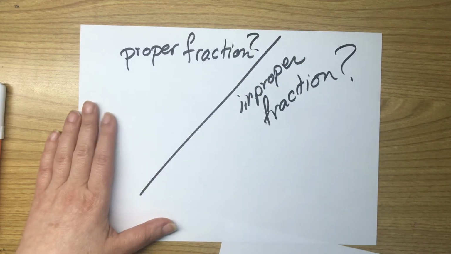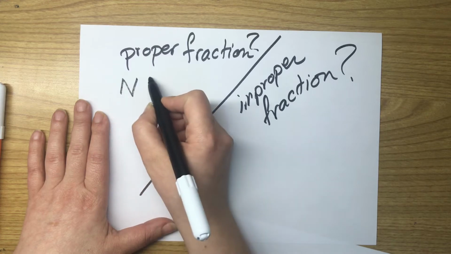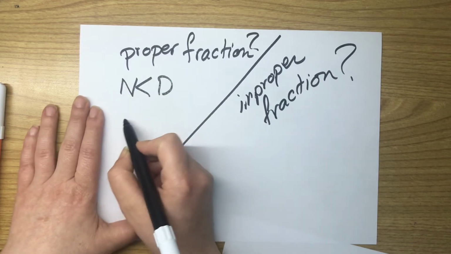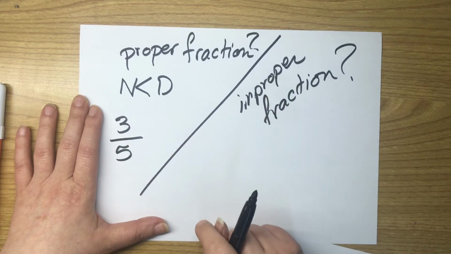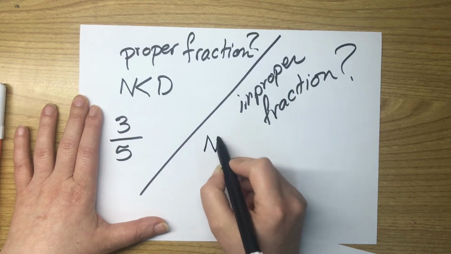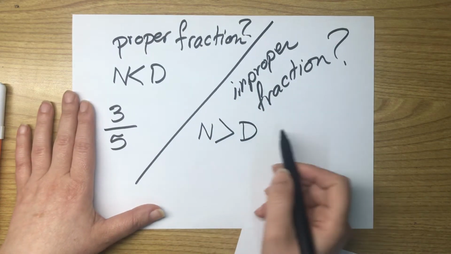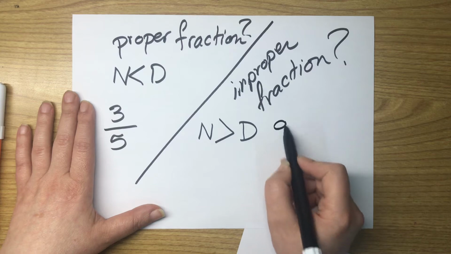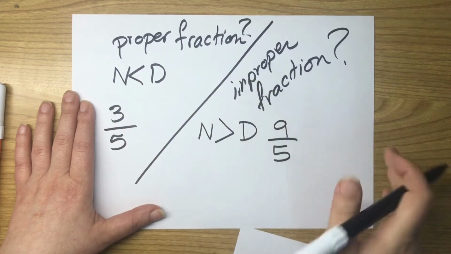What is the improper fraction? The proper fraction is when the numerator is less than the denominator, such as 3/5. The improper fraction is when the numerator is more than the denominator, such as 9/5. Okay? Proper, improper fraction.